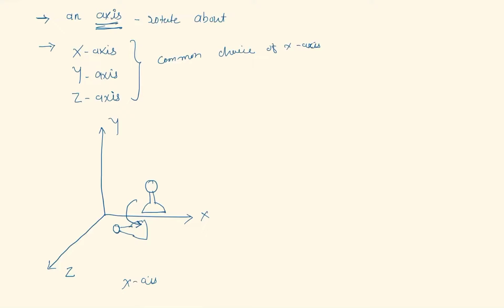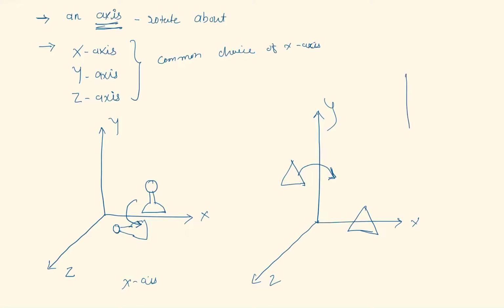Similarly, suppose I want to rotate about the y axis. With x, y and z, here is some object and I have to rotate it about the y axis, then it will be here, right? Similarly for z.